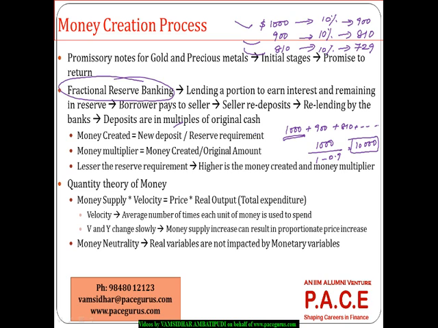Deposits are typically in multiples of the original cash. So the overall money created in the process is 1000 rupees divided by the reserve requirement, which we said was 10%. That's the reason we got 10,000. And the money multiplier is nothing but 1 divided by the reserve requirement, coming to 10, or I could have computed it as the overall money created divided by the original amount.